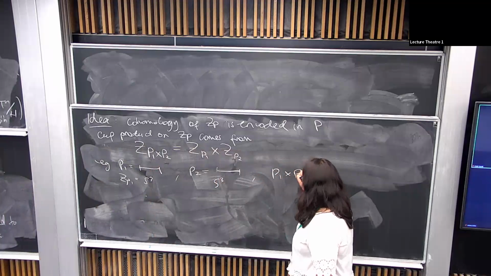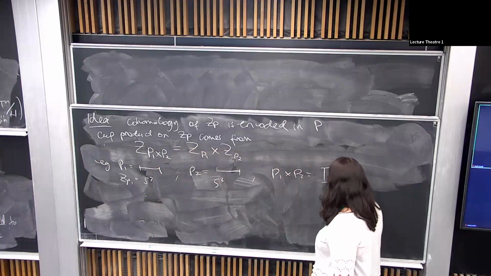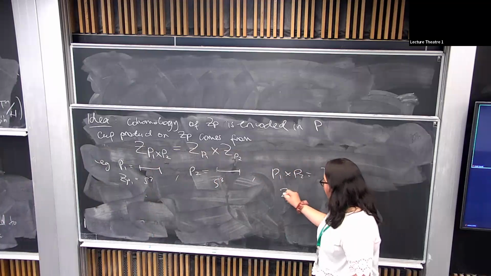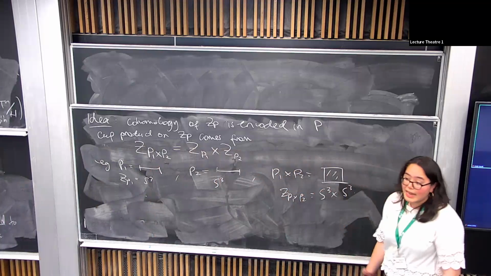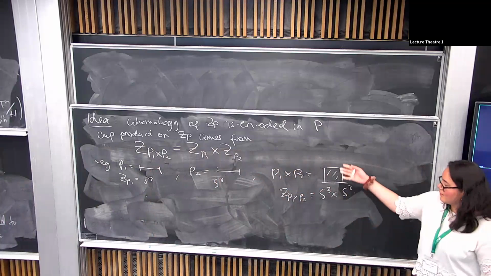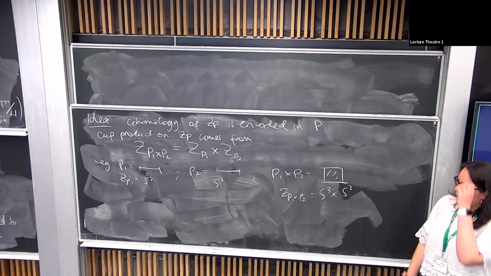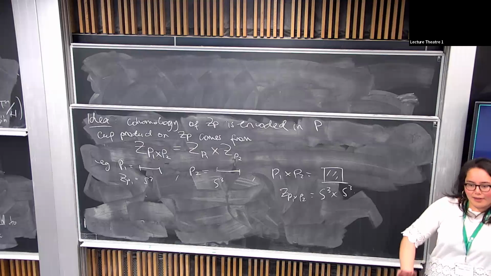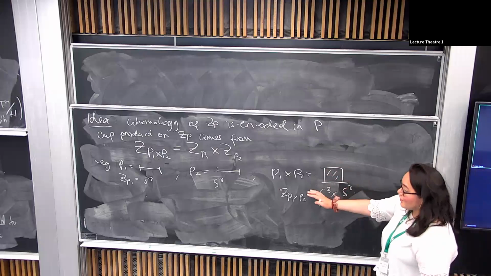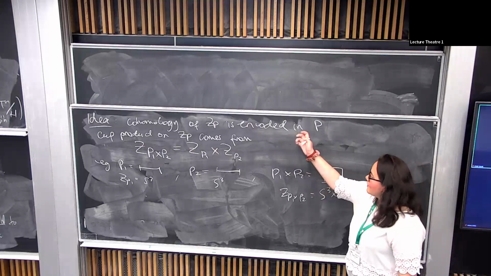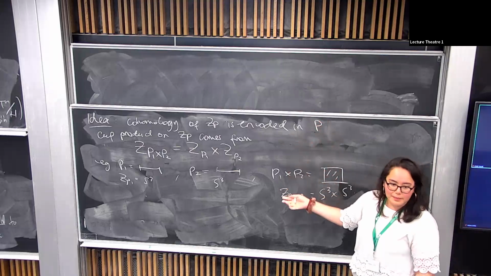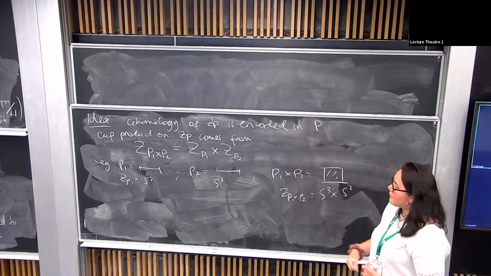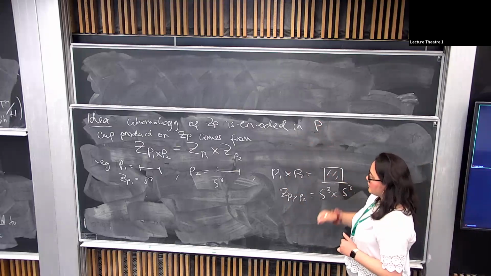Then P1 times P2 gives us a square, and the moment angle manifold for this should be S^3 cross S^3, as we should expect from seeing this kind of product structure. And also, if you've been to any of my previous talks, you will probably know it's not just cup products that we can encode in the combinatorics of P, but also higher products like Massey products and things like this. There's really a surprising amount of cohomology that gets encoded in P.